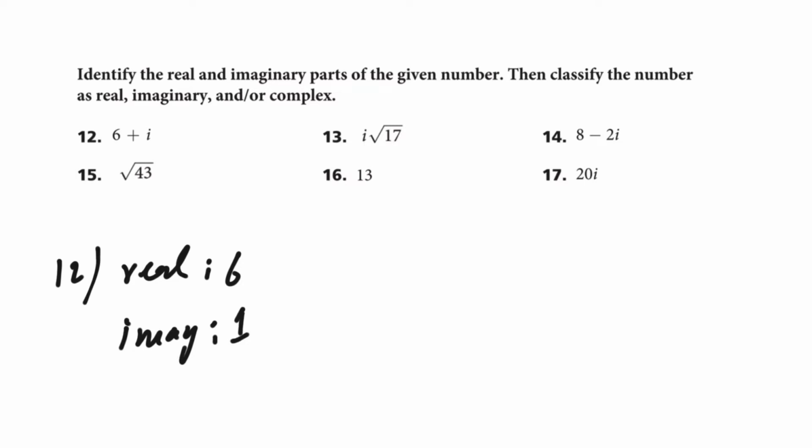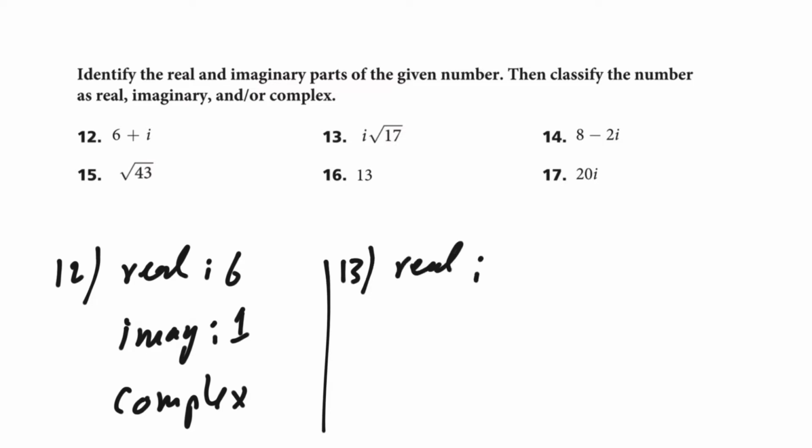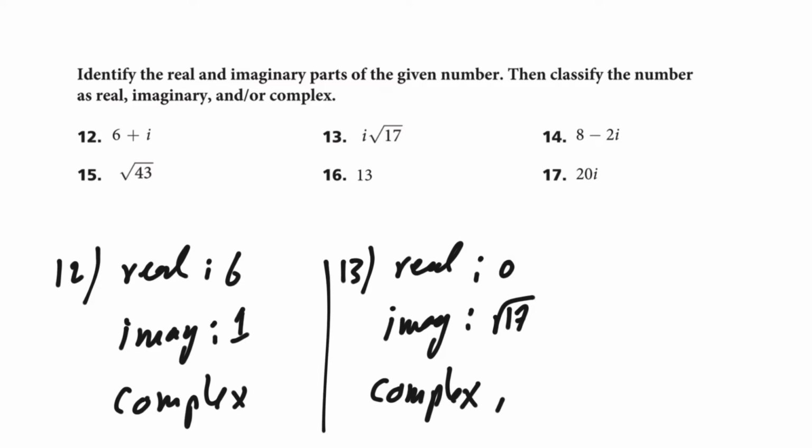And this number belongs to the complex set. For number 13, for example, the real part is 0, and the imaginary is square root 17. And this number by default belongs to the complex set, and this is a pure imaginary, so it belongs to the imaginary set.